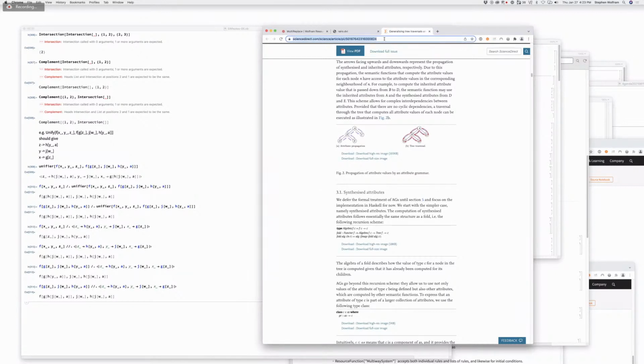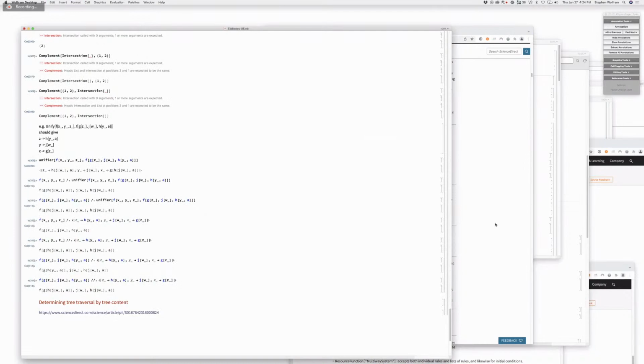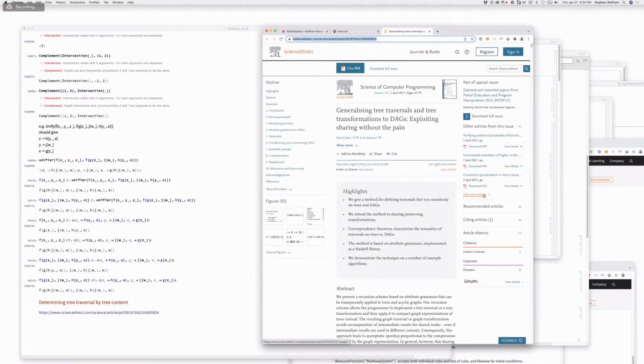Right. So attribute grammars are related to treefold. Yes, I think that's right. So this is determining tree traversal by tree content. Or that was DAGs, actually. Was that DAGs or trees? I can't remember here. Generalizing from trees to DAGs.